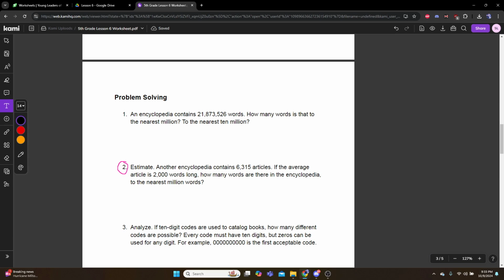Now problem solving. Okay, so estimate. Another encyclopedia contains 6,315 articles. If the average article is 2,000 words long, how many words are there in the encyclopedia to the nearest million words?